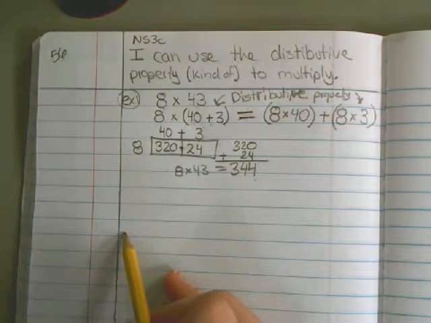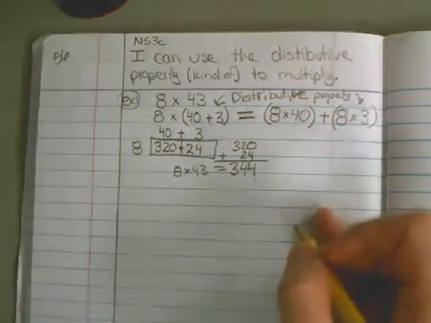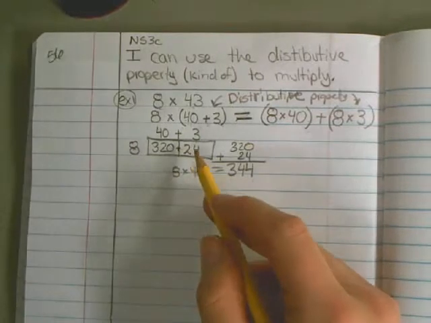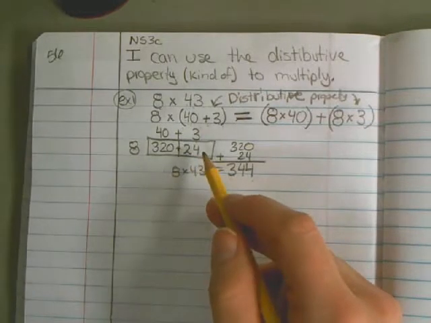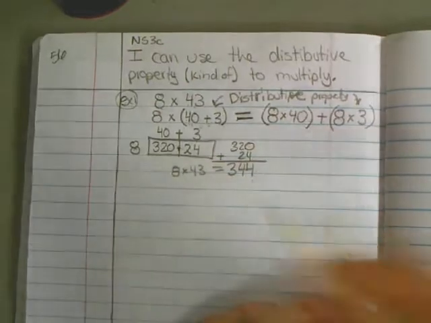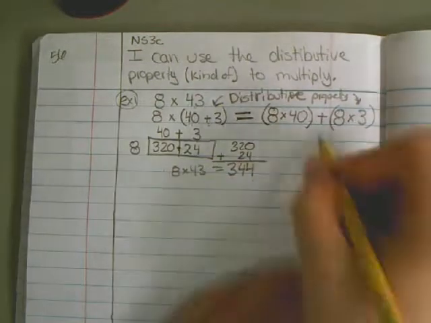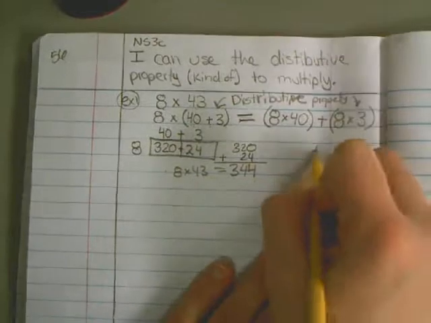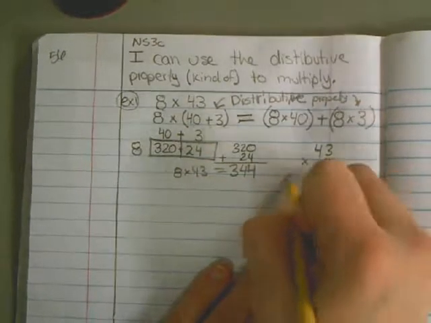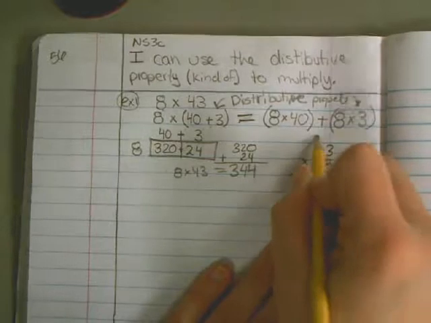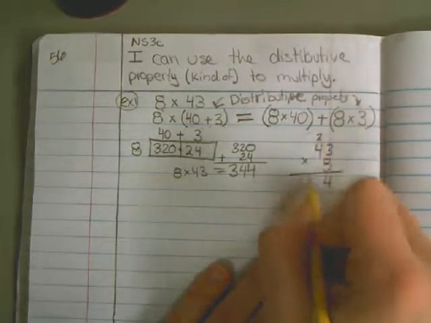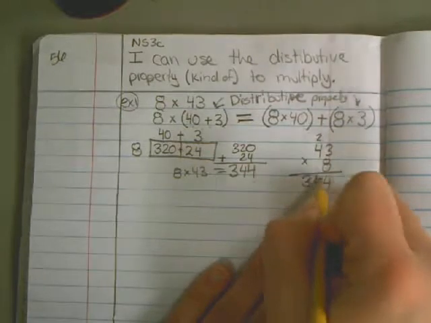Now, probably some of you have seen this. Probably not all of you, but some of you have seen this. Okay? But most of you, probably 99.9999% of you, have seen multiplication done like this, where you have 43 times 8, and you do 8 times 3 is 24, 8 times 4 is 32, plus 2 is 34, and that's how you've done it.